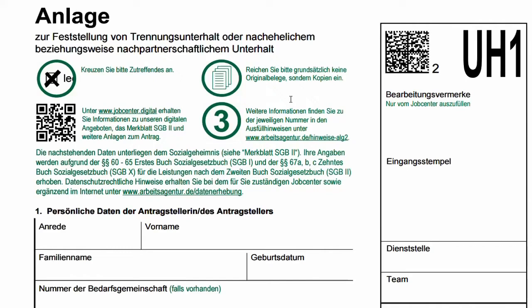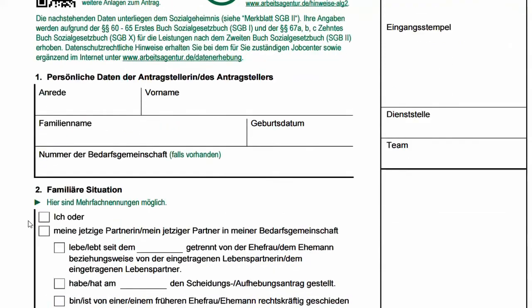But the other side, the right side, this part is actually for Job Center employees, and they have to fill it in. They will fill it in, so you do not have to write anything on this side till the end of this application.